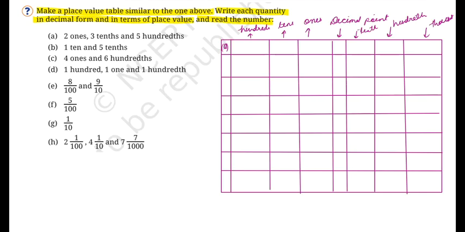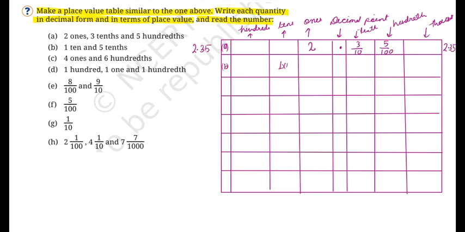Right? So 2 ones, 3 tenths. So यहाँ पे decimal आ जाएगा, 3 tenths. So it would be 3/10. And then 5 hundredths. So it would be 5/100. And how will you read it? You will read it as 2.35. Right? यहाँ पे लिख देती हूँ. It would be 2.35. The next part is 1 ten.